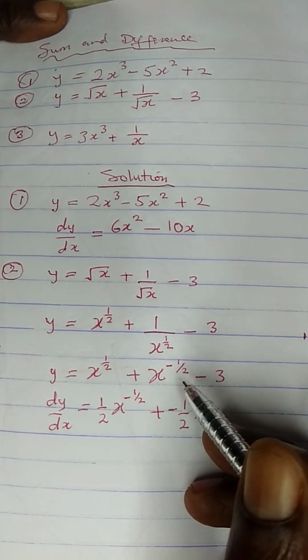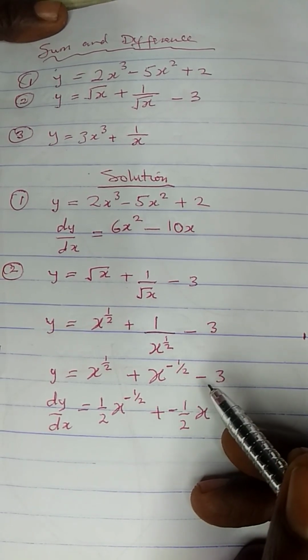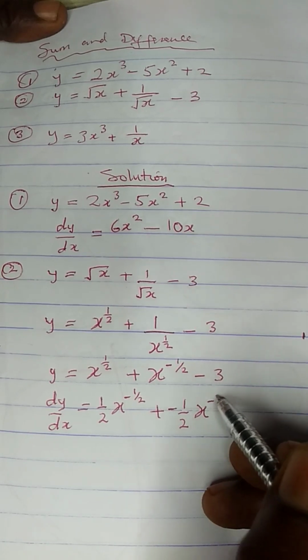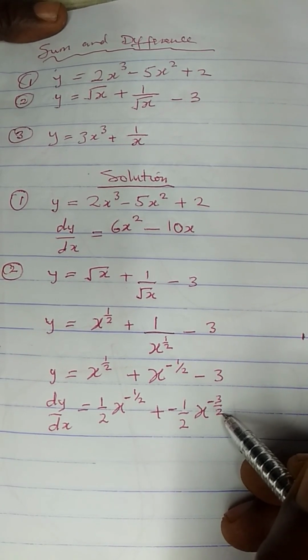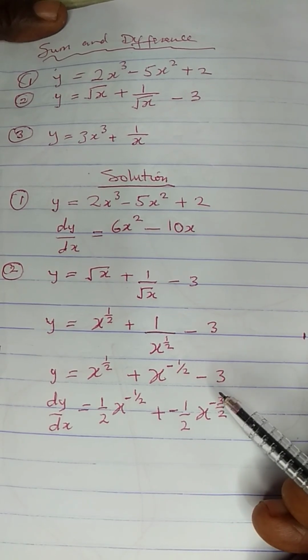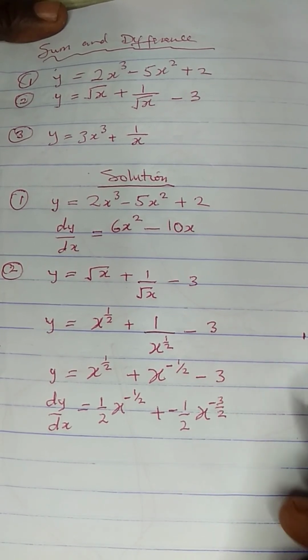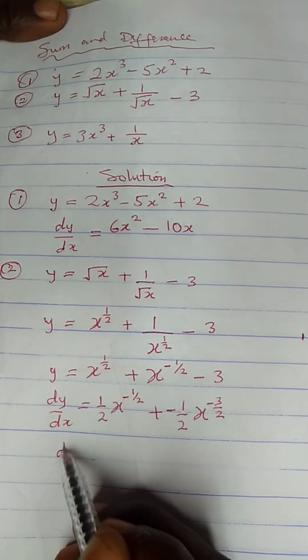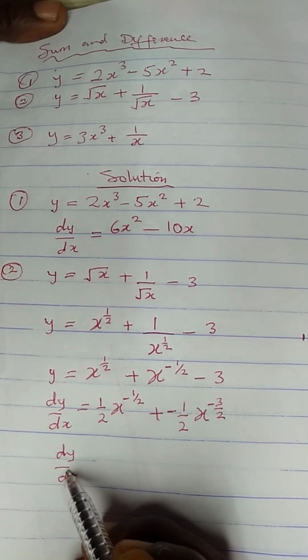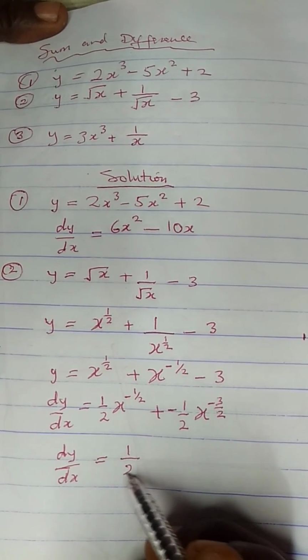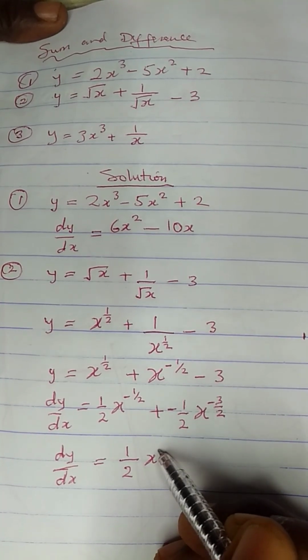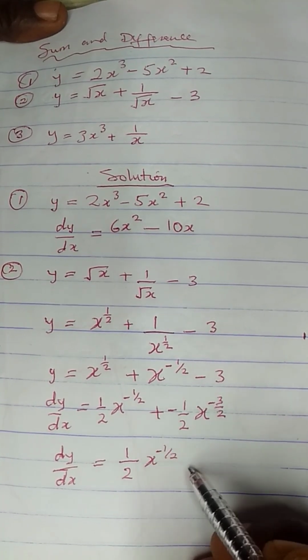Then from minus half minus 1, that gives us minus 3 all over 2. Then we have seen from the first example that if we differentiate a constant, we are going to be having 0. Now from here, when we simplify this, dy/dx will give us 1 all over 2x raised to power minus half.